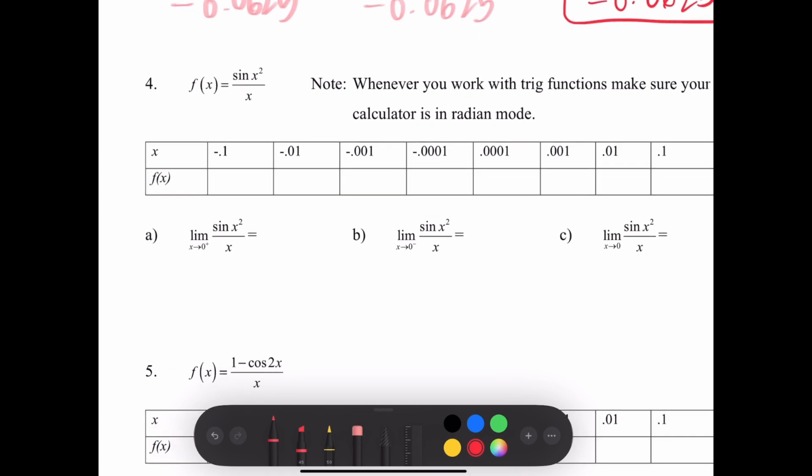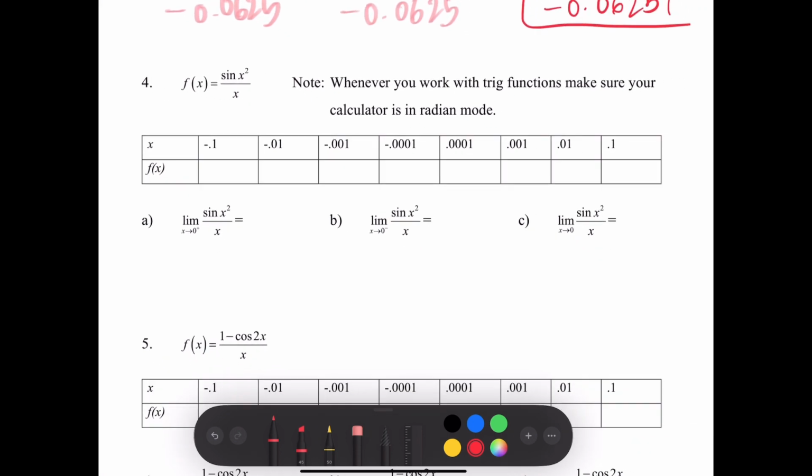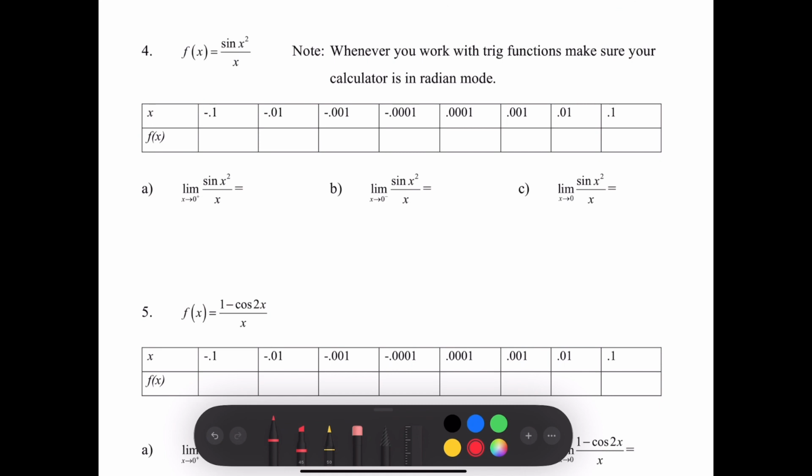Now, for my sine function, whenever you work with trig functions, make sure your calculator is in radian mode and not in degrees. Okay, so this would be the exact same thing. I would plug in my value into f.